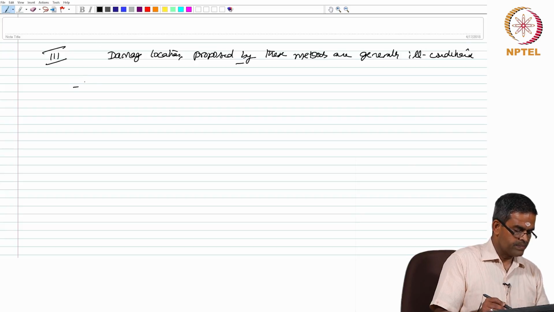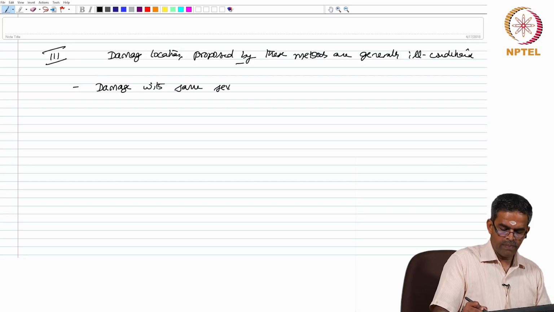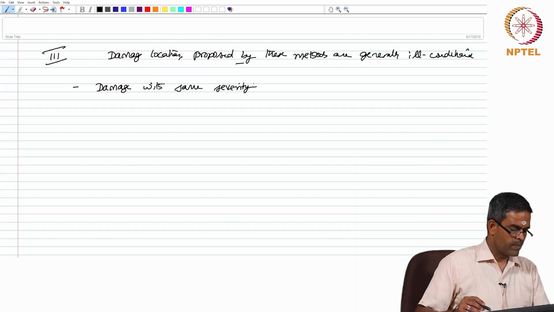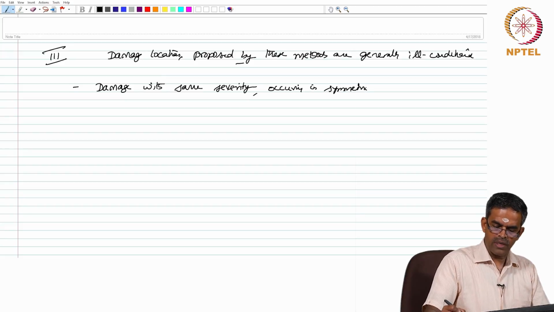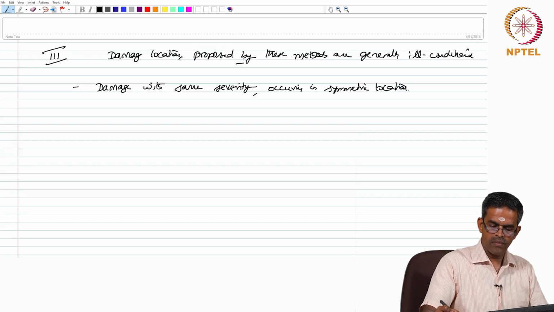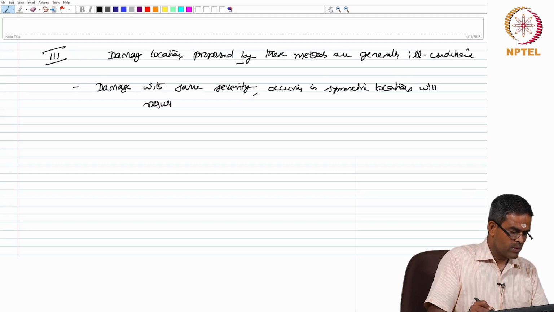It says that damage with same severity occurring in symmetric locations will result in identical frequency changes.